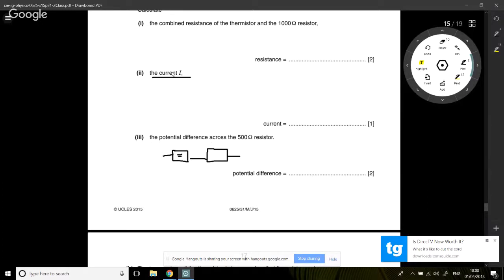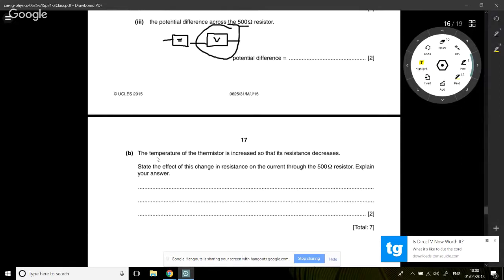Then from this current and this resistance here, we can calculate the potential difference across the second one over here, because this is now one in parallel, combined into one resistor. Now it says the temperature of the thermistor is increased so that the resistance decreases.